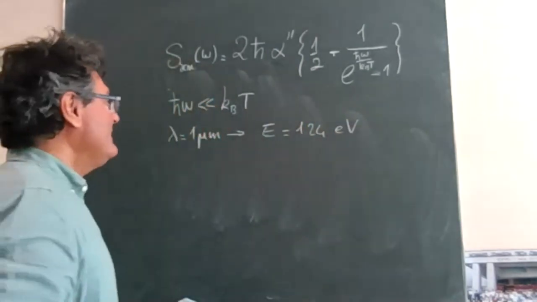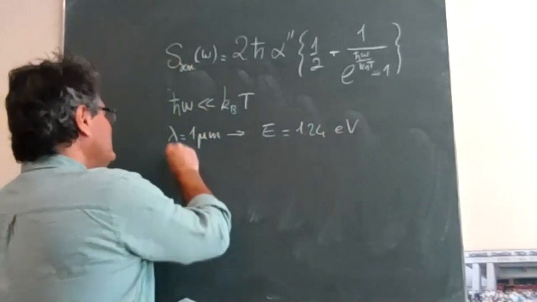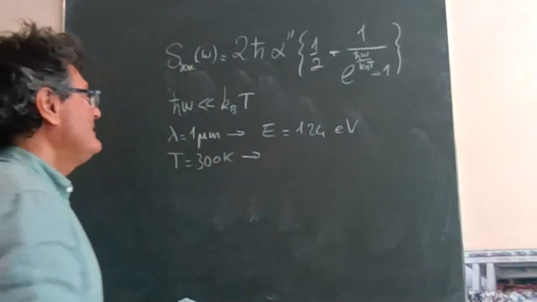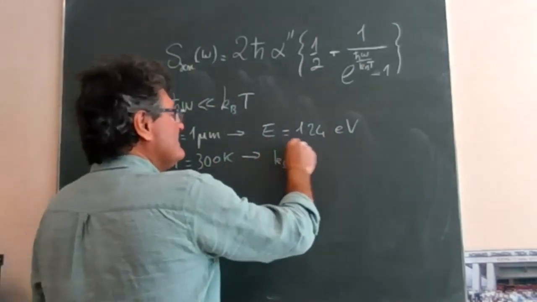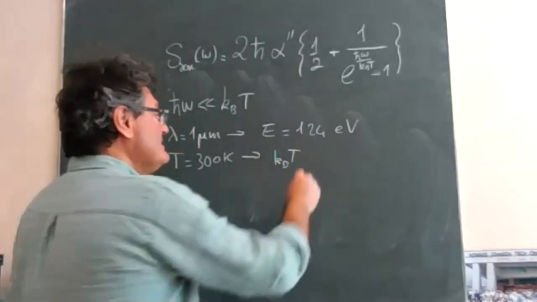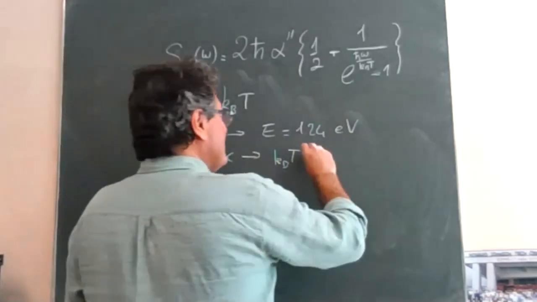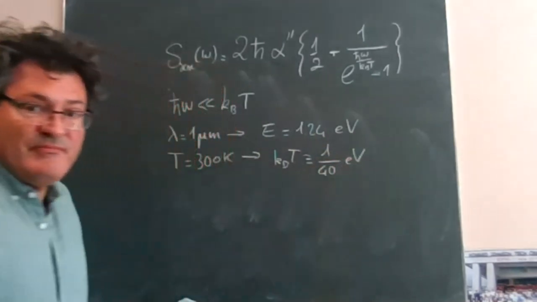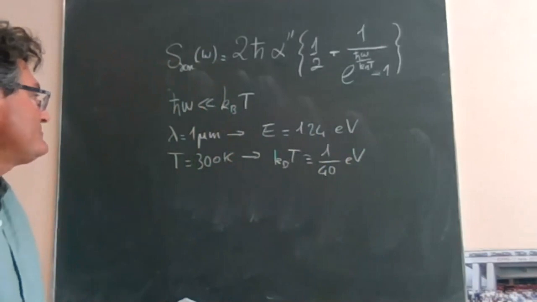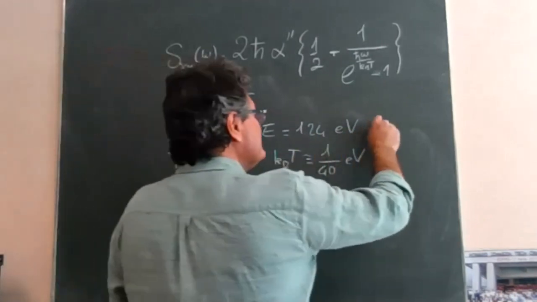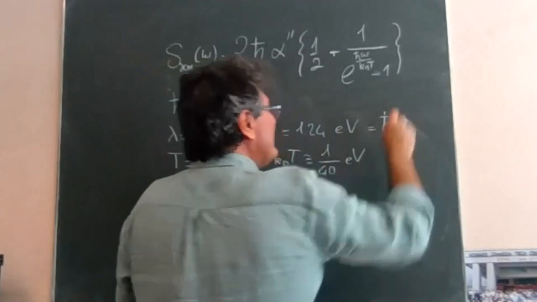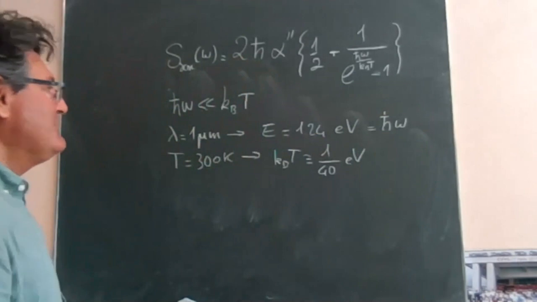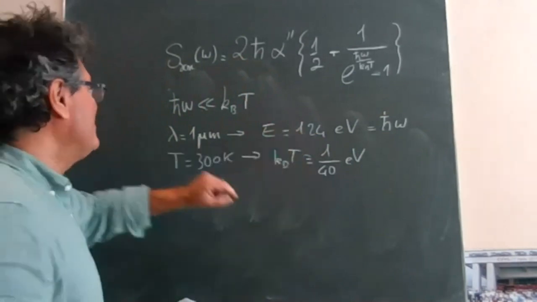And the other number that I remember: when T is 300 Kelvin, then the k_B T energy is approximately 1 over 40 electron volts. Okay? So this energy is just h bar omega. Let's put everything together using these two constants.